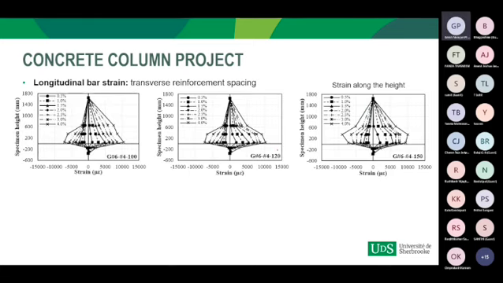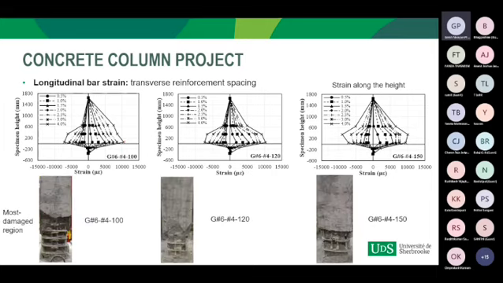The longitudinal GFRP bar strain along the height was distributed and spread more in the column with low spacing of the transverse reinforcement, which was consistent with the observed damaged region, because here we can see the damaged region is very high compared to the columns with high spacing of the transverse reinforcement.